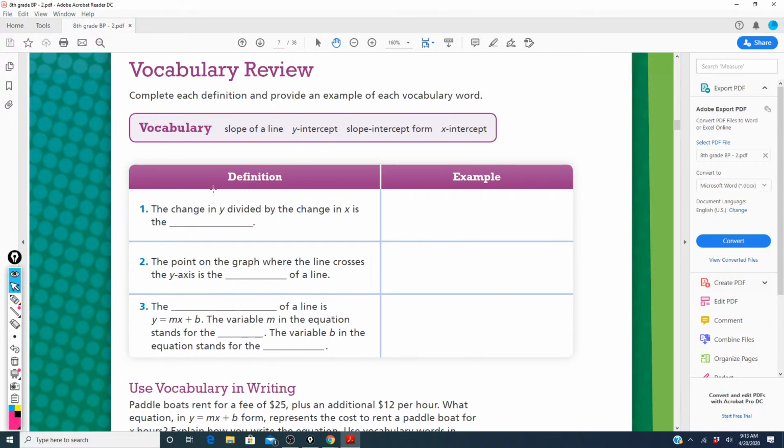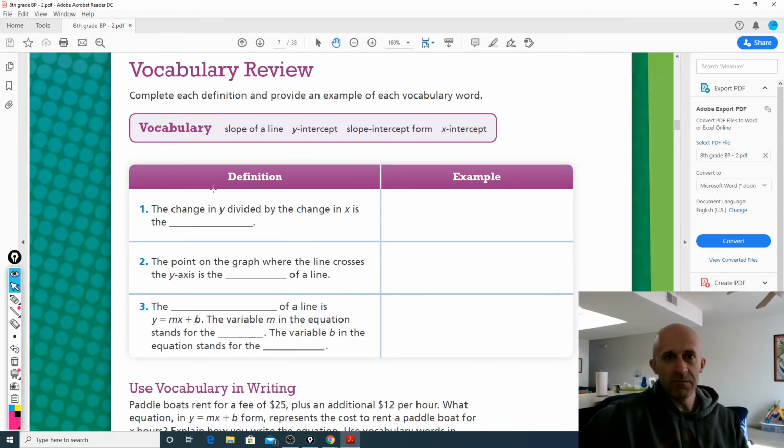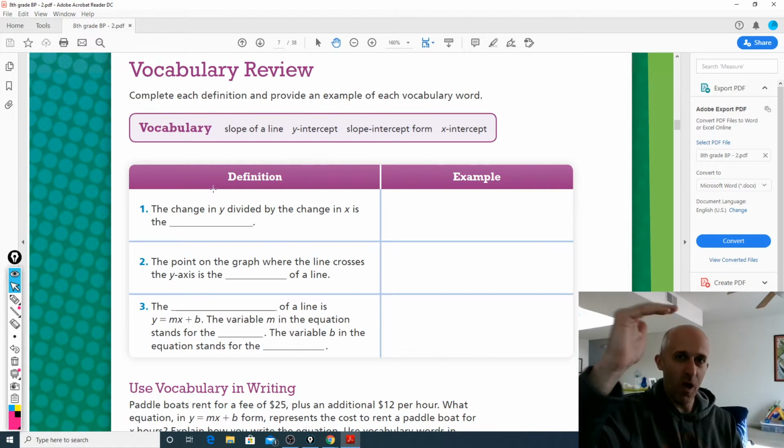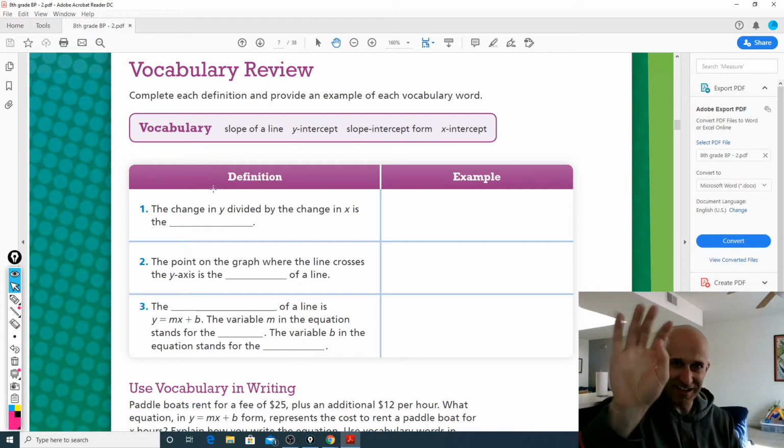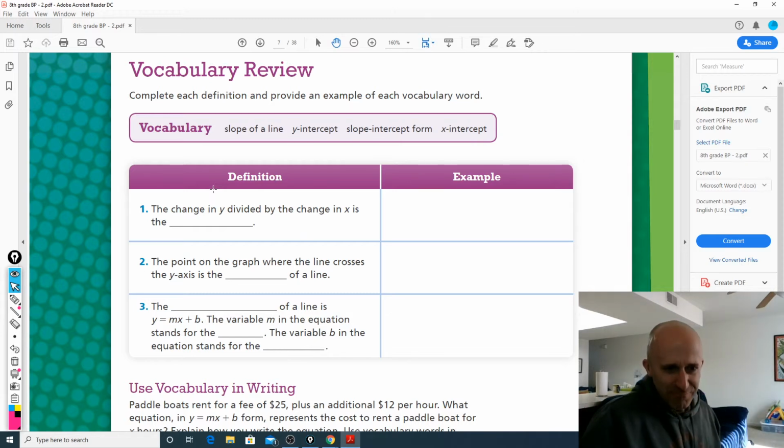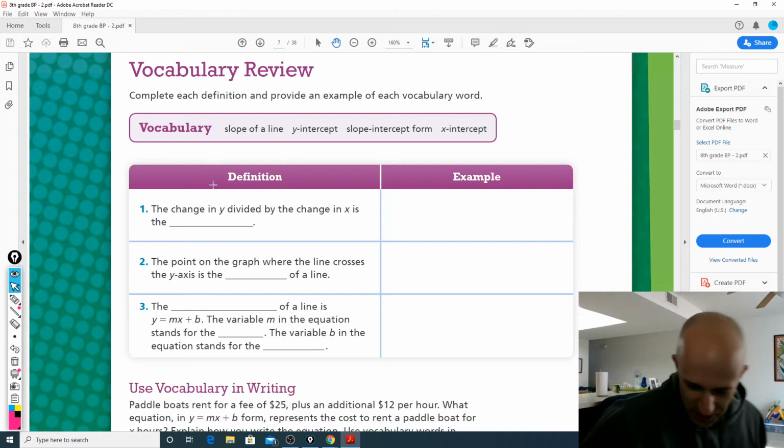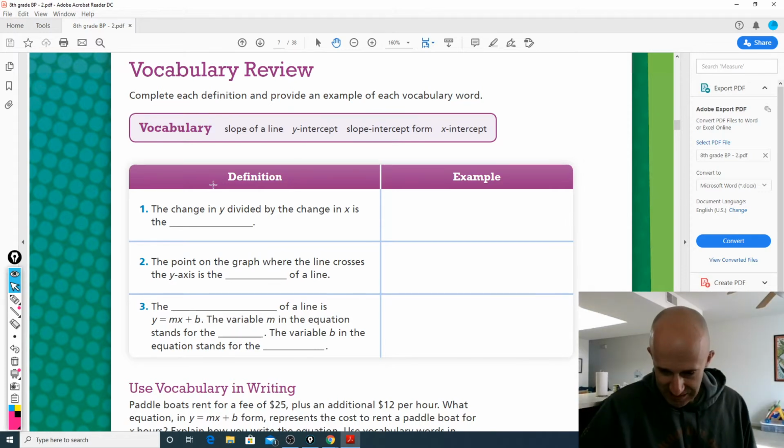So the change in y divided by the change in x is the blank. Those of you remembering me banging on the screen and focusing on how to find slope of a line and saying it's the change in y over the change in x, and tapping on that and hitting that board many times, being able to find that slope of that line, hopefully you can chuckle at that.